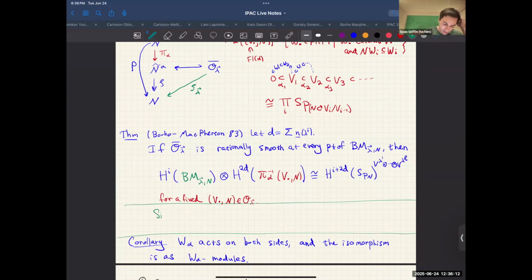So let's say given Sn acting on some representation W, and some Young subgroup in Sn, we can take the restriction of this representation down to the Young subgroup.